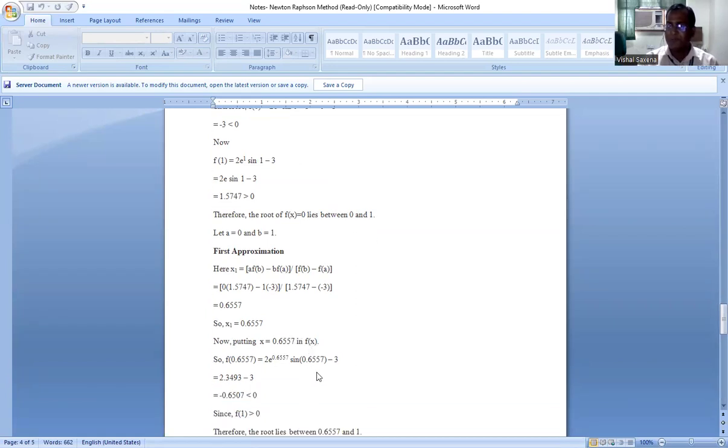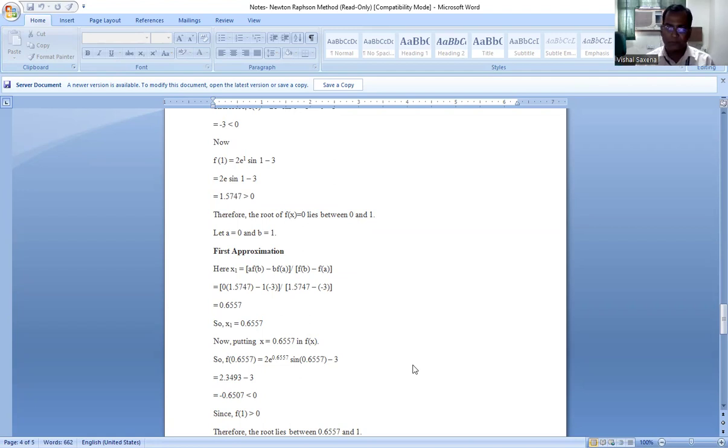0.6557. Next again, we have to find the interval in which the root will exist. So now this value 0.6557 is lying in (a, b).